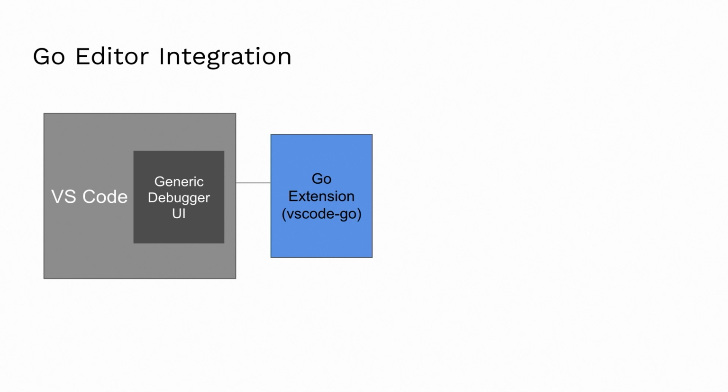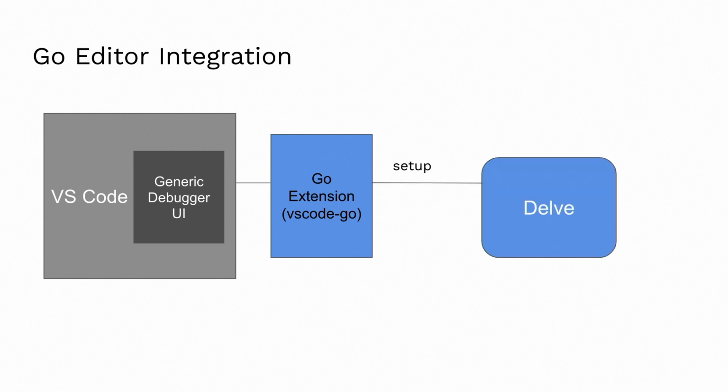So for the setup, we have VS Code and our Go extension, which provides the Go language features as well as the Go debugging features. When we want to start a debug session, VS Code will tell the Go extension, and the Go extension will launch Delve. So it will do that setup. Once it's launched Delve, Delve can communicate directly with VS Code using the debug adapter protocol, which I'll talk more about on the next slide.